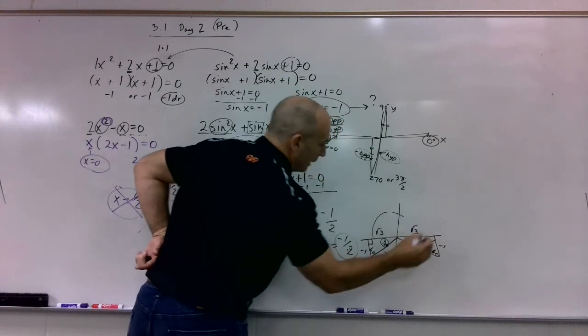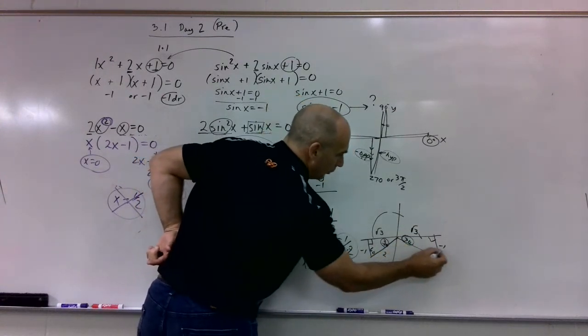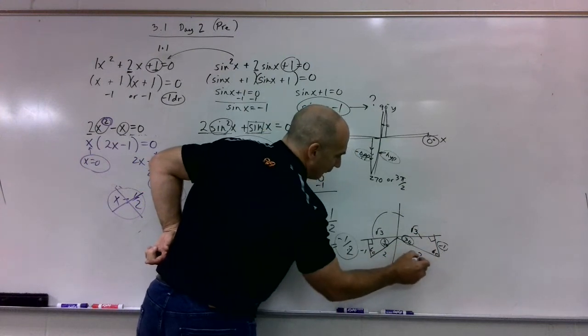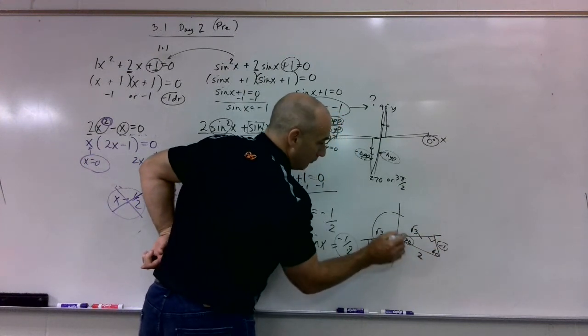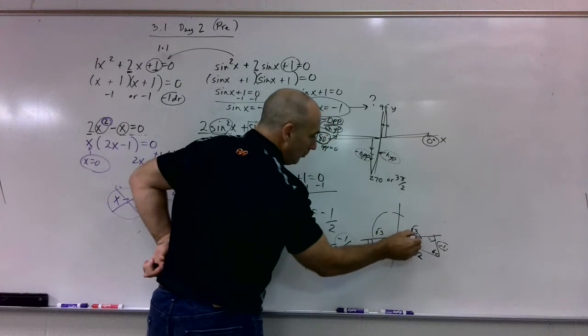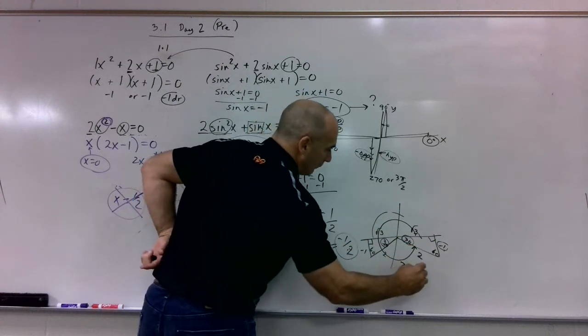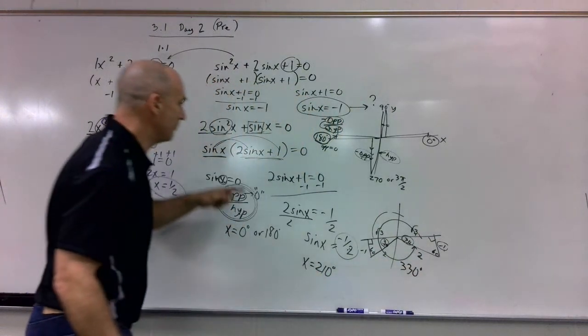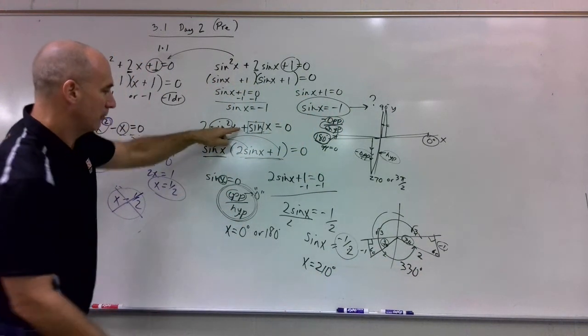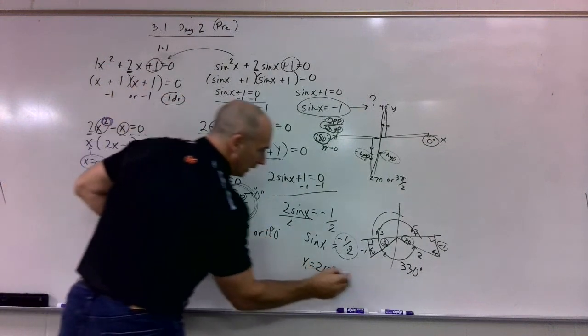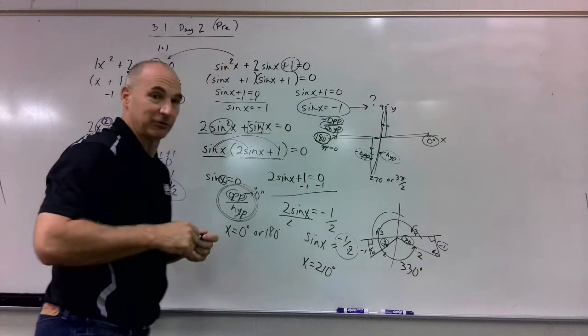There's my square root of 3. See, sine of this would be -1/2, opposite over hypotenuse. But I don't say 30. I ask myself, how far do I have to swing my spinner to get there? And that'd be 330. So this one math problem right here produced 1, 2, 3, 4 answers.